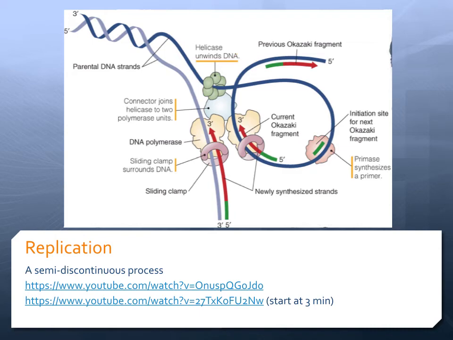So this is a relatively complex process, and because it is difficult to show in a fixed medium, I added two links to two different videos that you can find on YouTube, and that show the process in real time. It is sometimes easier to visualize it when you have a real animation.